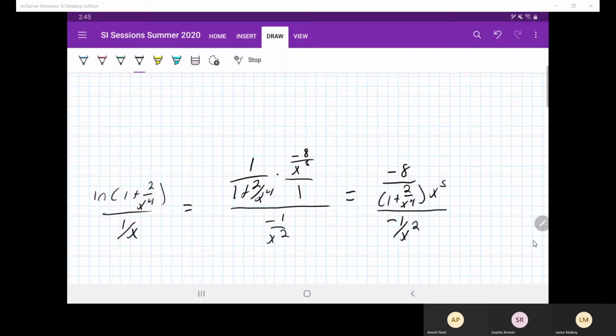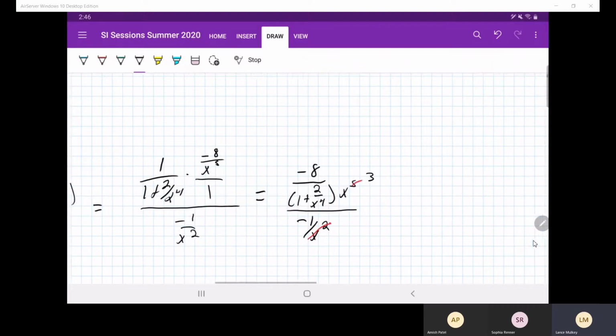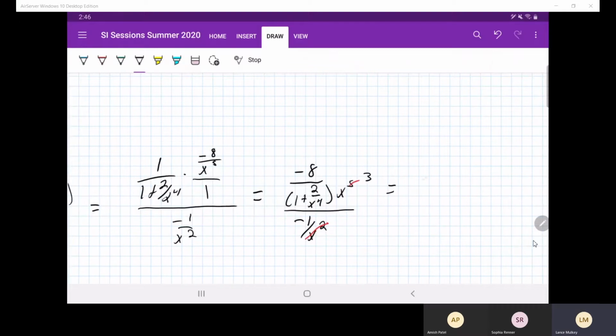Okay. So since this is in the denominator and that's in the denominator, you can actually cancel this out and change it to a 3. So you end up with the limit. That is the ugliest infinity.